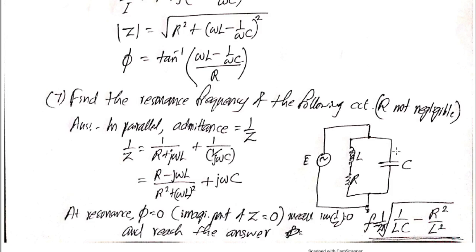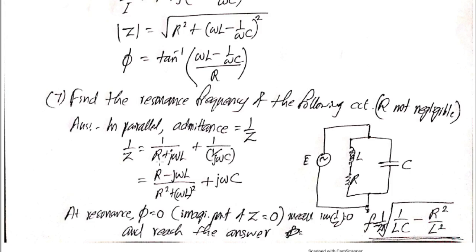So there are two parallel branches. If Z is the total impedance, then 1/Z is equal to 1/Z1, that is the impedance of this RL branch, R + jωL, because this R and L are in series. Plus 1 by the impedance of the capacitance, which is 1/(jωC), so that is jωC.